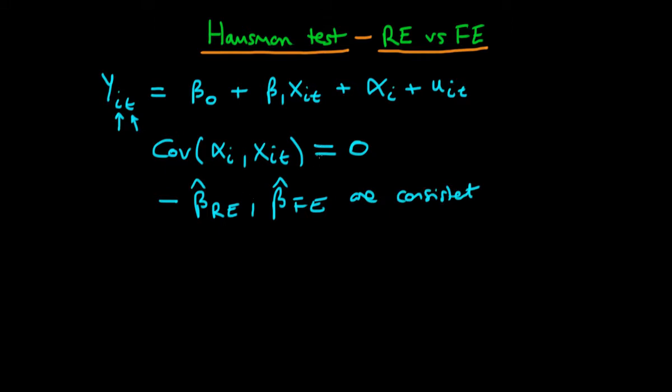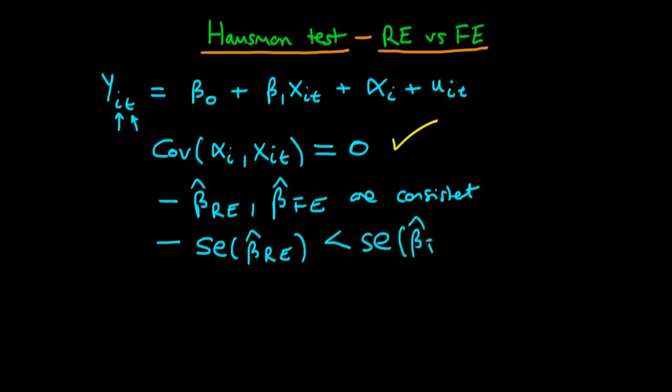And in the circumstance where this particular condition is satisfied, then not only do we know that random effects and fixed effects are both consistent, it is the case that random effects is more efficient than fixed effects. So the standard error of random effects should be less than the standard error of that which we would obtain via fixed effects.